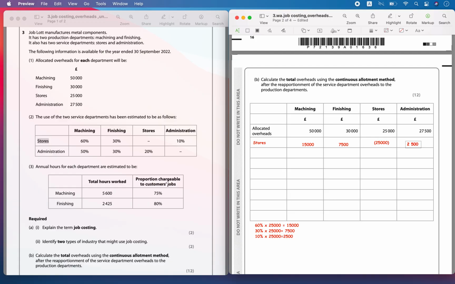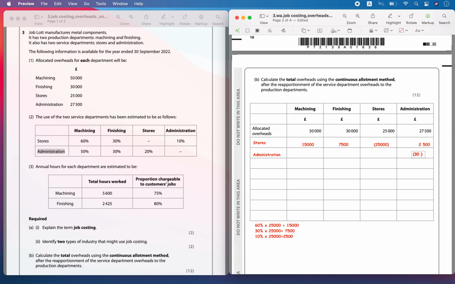I have taken this 25,000 and distributed it to machining, finishing and administration. Whatever is the overhead cost it has, I am going to distribute to the machining and finishing departments. 15,000 plus 2,500, the value is 30,000.